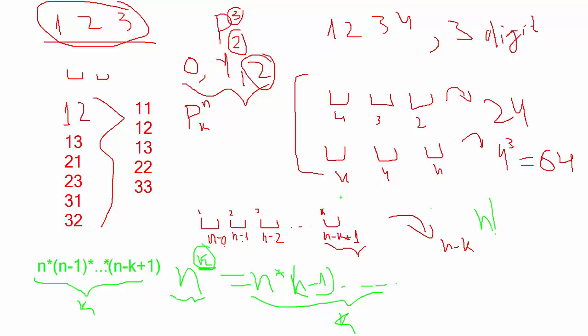Okay, and the easier one was with repetitions. So now let's say that we have again k boxes. This is 1, this is 2, 3, 4, up to k. And now let's say that we do it with repetitions. So how is that done?